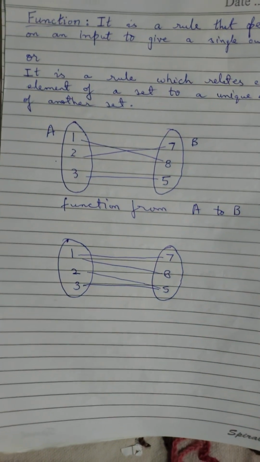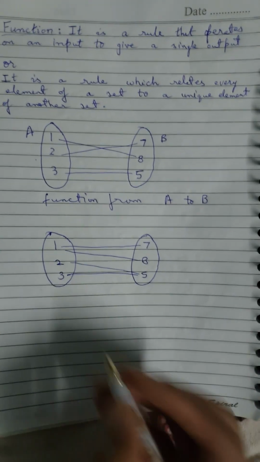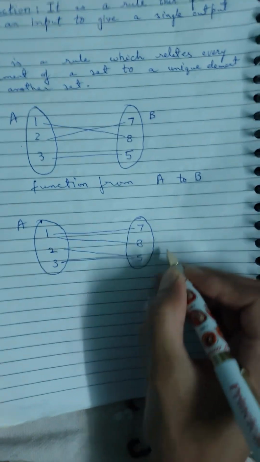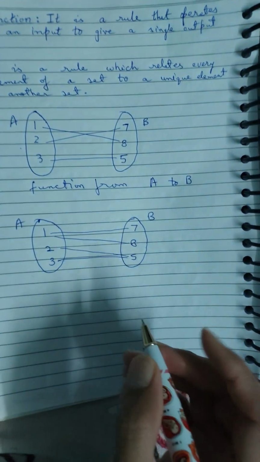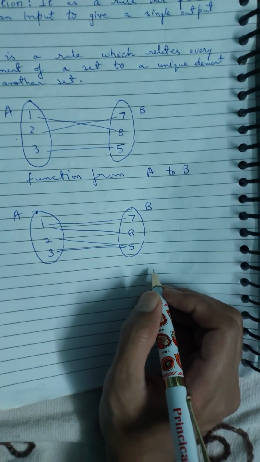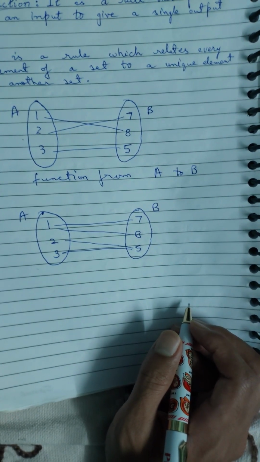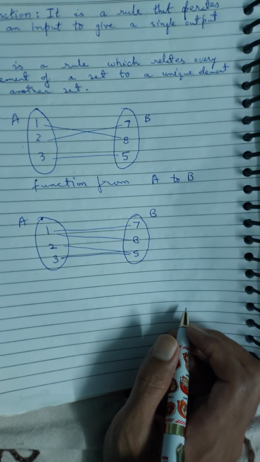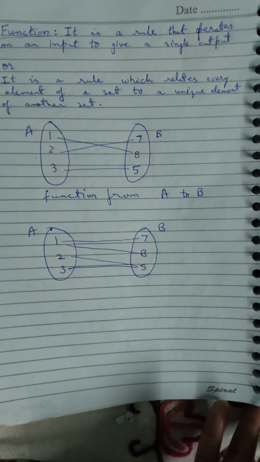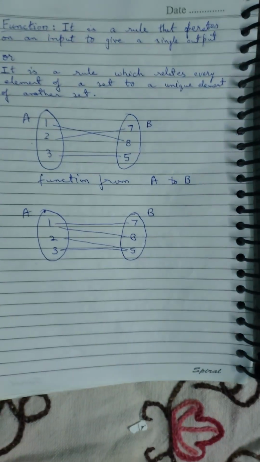So this one is not related to some unique element, it is related to two elements of set B. So this is not a function from A to B, because the uniqueness factor is not there.